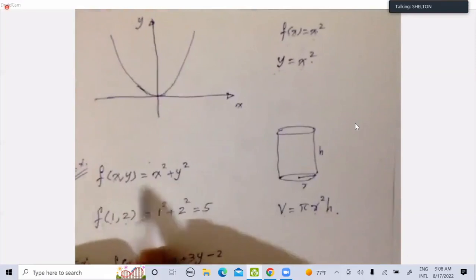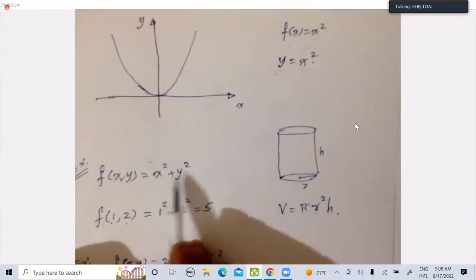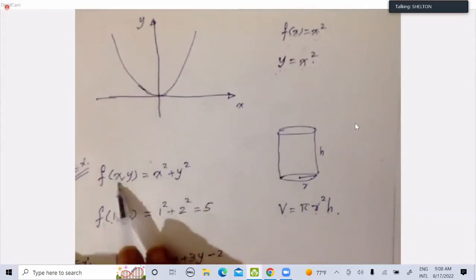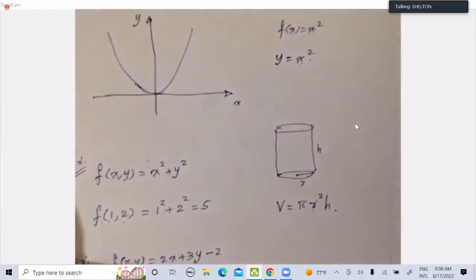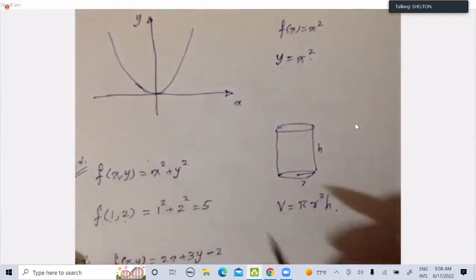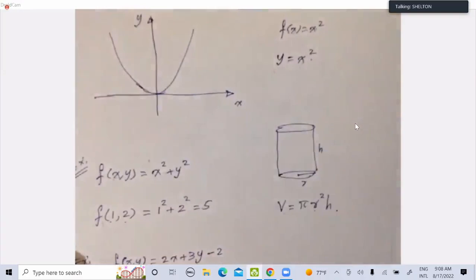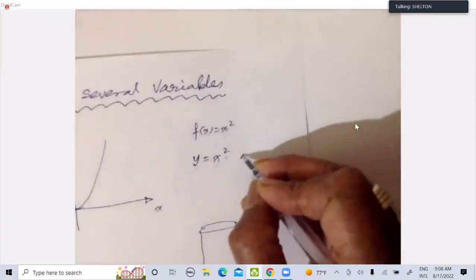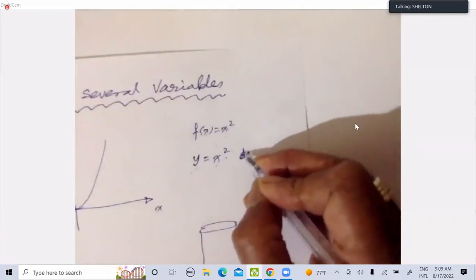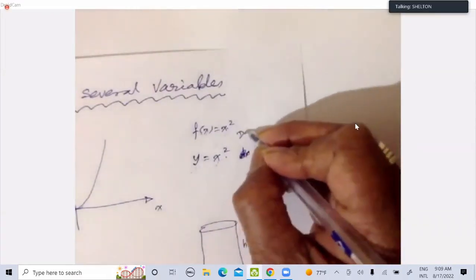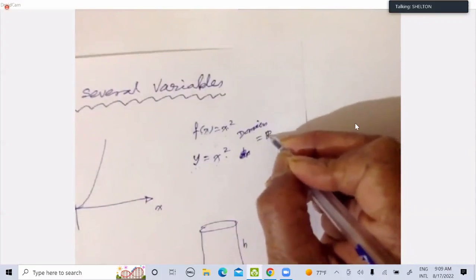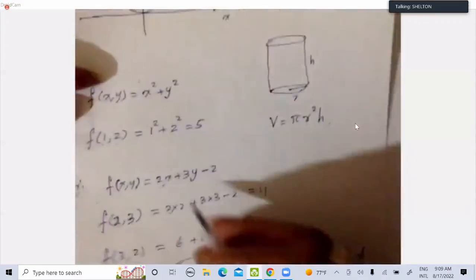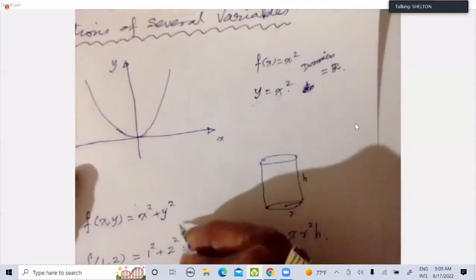What is the domain of this function? All real pairs. Any real number for x and any real number for y is okay. So the domain of this function is all real pairs. Here, what is the domain of this function? The domain is R, the set of all real numbers. What is the domain of this function?